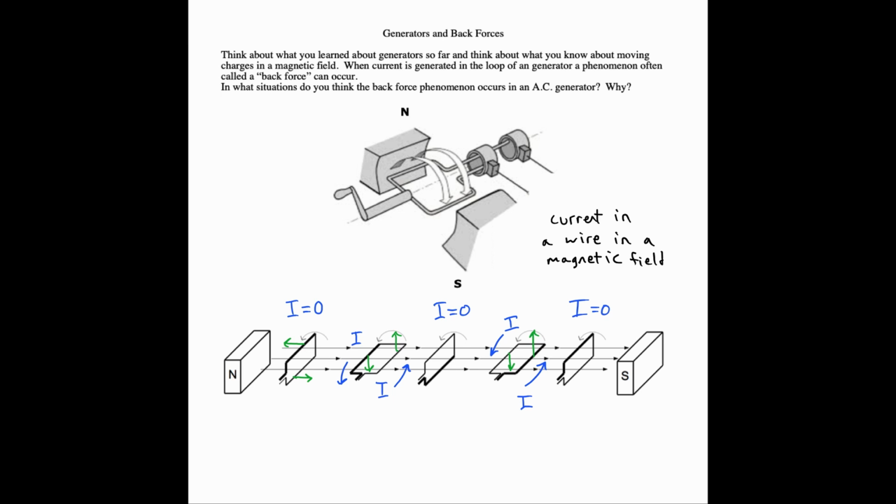So we want to use our right-hand rule, and we can do it on this segment of wire here. We should point the pointer finger in the direction of current.